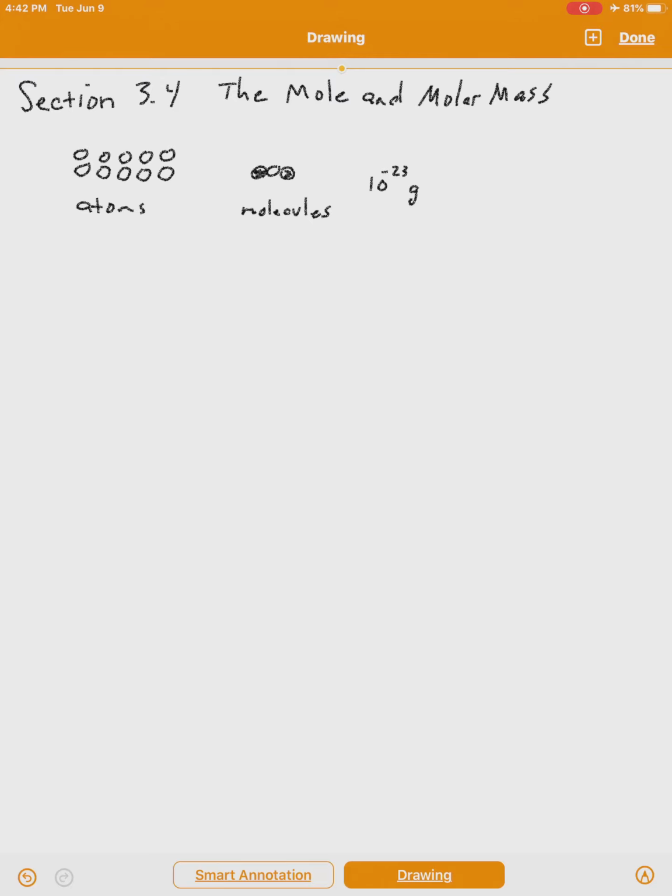So for that reason, even in a small amount of matter, so even if you were to take a little dot from a pencil, the number of carbon atoms in that tiny little dot would probably be around 10 to the 15 or 10 to the 16, maybe perhaps even. A huge number of atoms. So we need a way to quantify them. And so one way to do that is through what is called the mole.